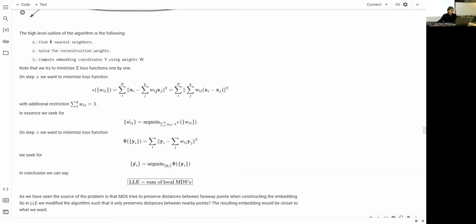And these are some sort of weights we don't know. And we are trying to search for these weights in such a manner that the result is very close to the point xi that we have. So we are trying to express every point in terms of its neighbors.